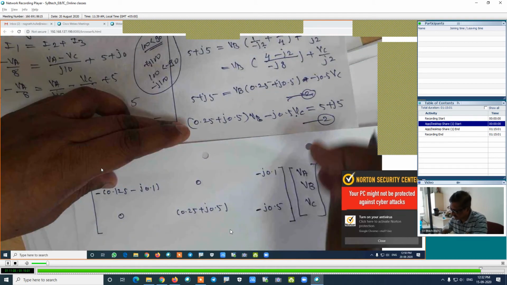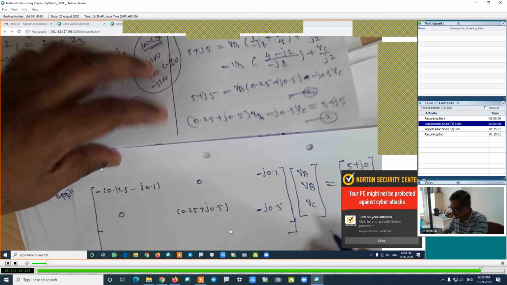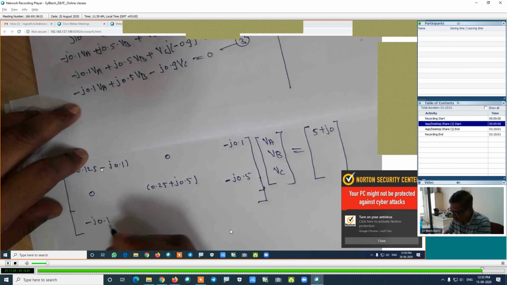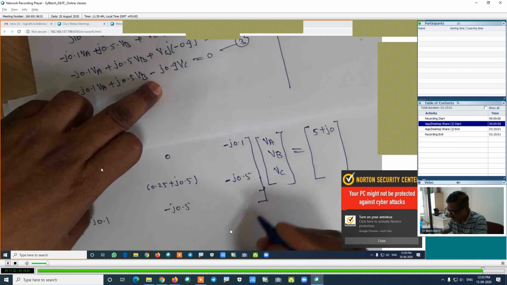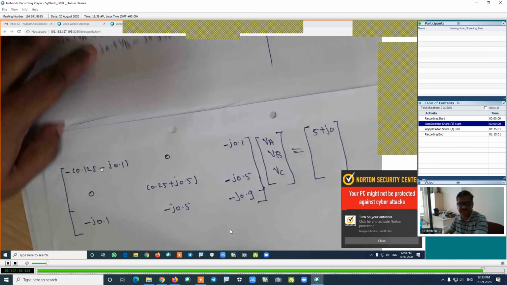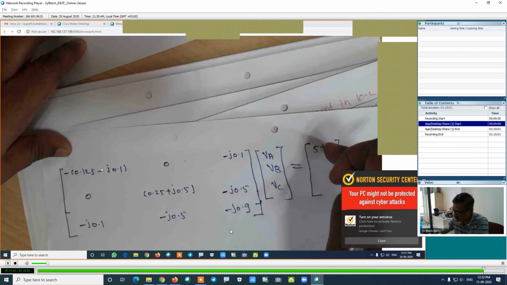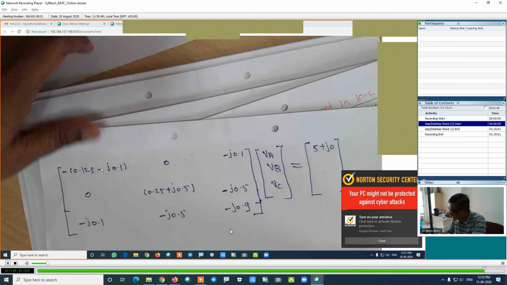If we multiply this with this, we will get the second value. How is the third equation? This is minus j 0.1 VA, then minus j 0.5 VB, then minus j 0.9 VC, which is equal to this term. Means multiplication of this into this is equal to this, then this into this is equal to, what is the constant of the second equation?